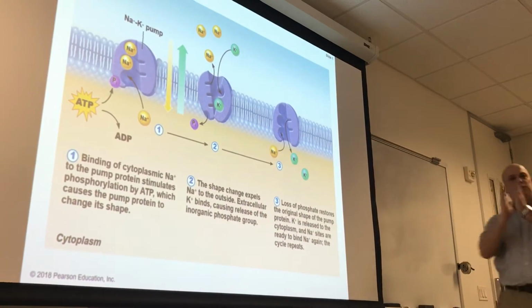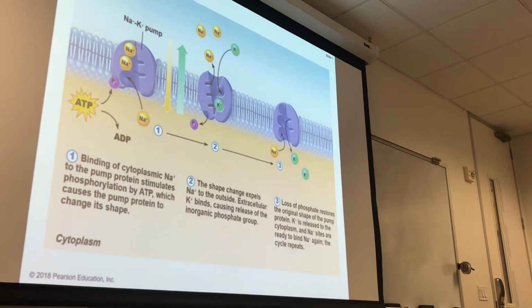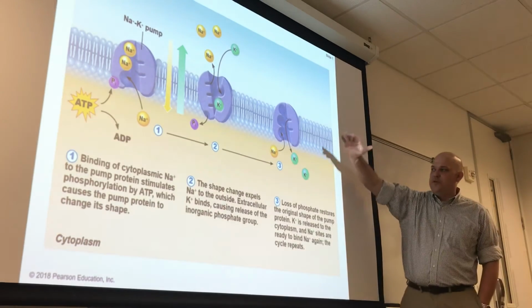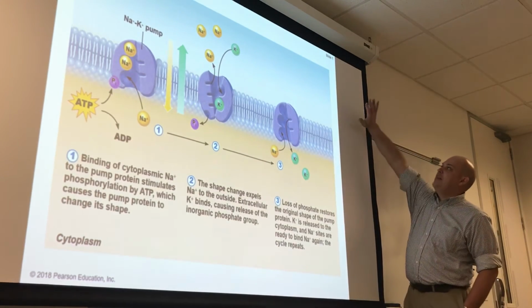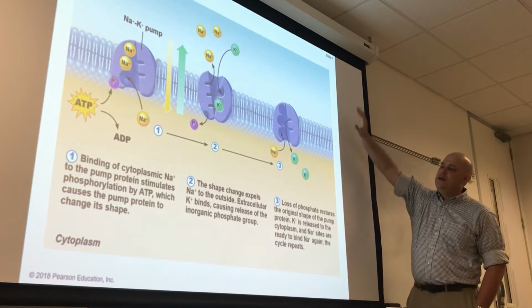So in doing so, we've efficiently moved ions across a plasma membrane against that concentration gradient or against that natural kinetic motion, therefore stuffing the inside of the cell with even more potassium, stuffing the outside of the cell with even more sodium.